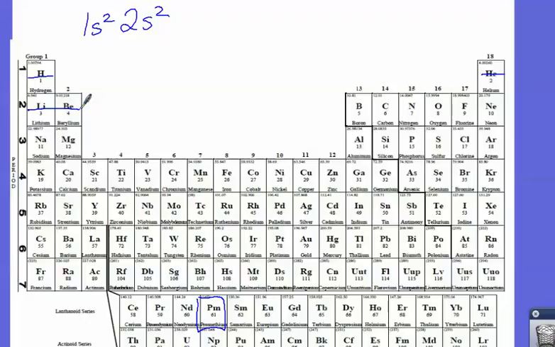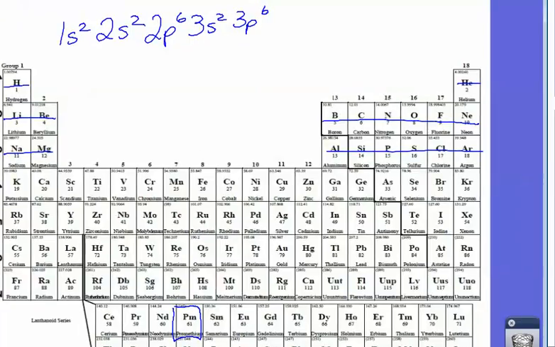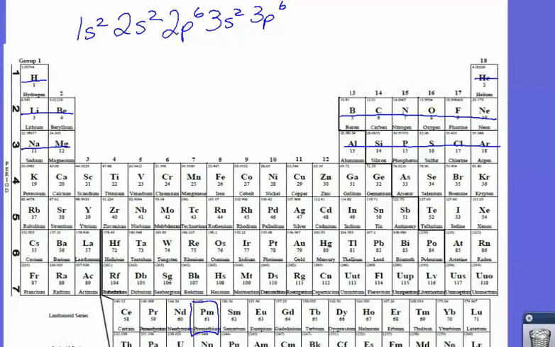After 2s2, we go to 2p, which we would have 2p6. After 2p6, we go to 3s2, 3p6. Whoops. You want to make sure your numbers always look like exponents, that you're not just writing this random series of numbers and letters. Then after that, we're going to go to the 4th period.